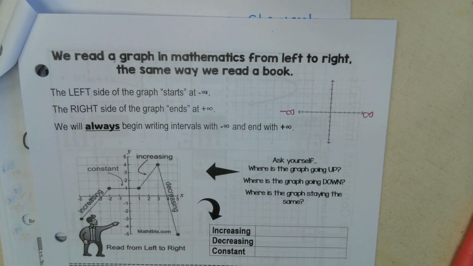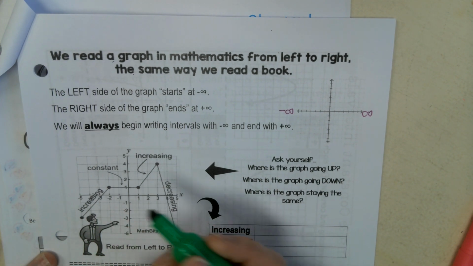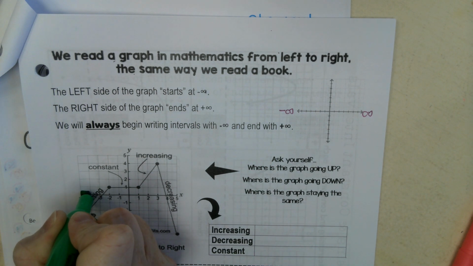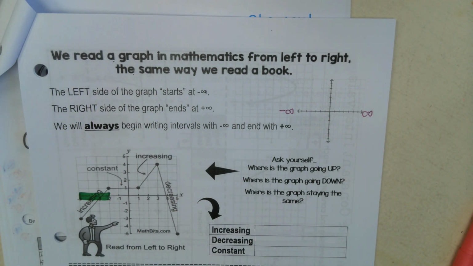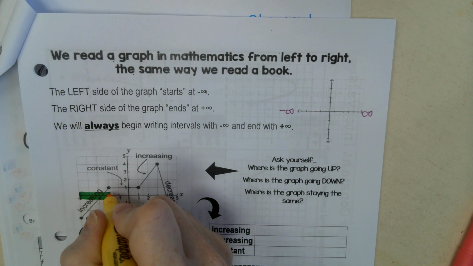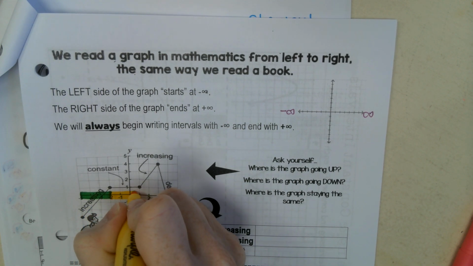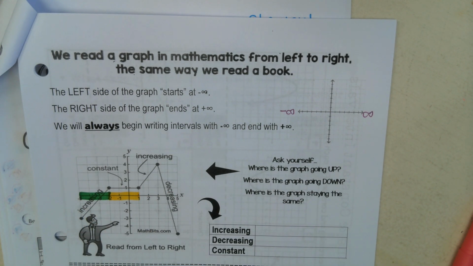From left to right, this graph is increasing on the interval -5 to 2. I'm highlighting the x-axis. To me, that makes it a little bit easier. And then it is constant from -2 until I get to 1.